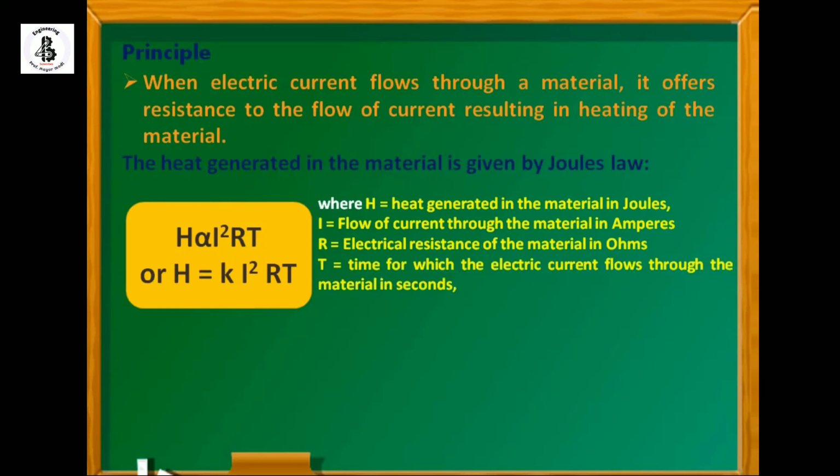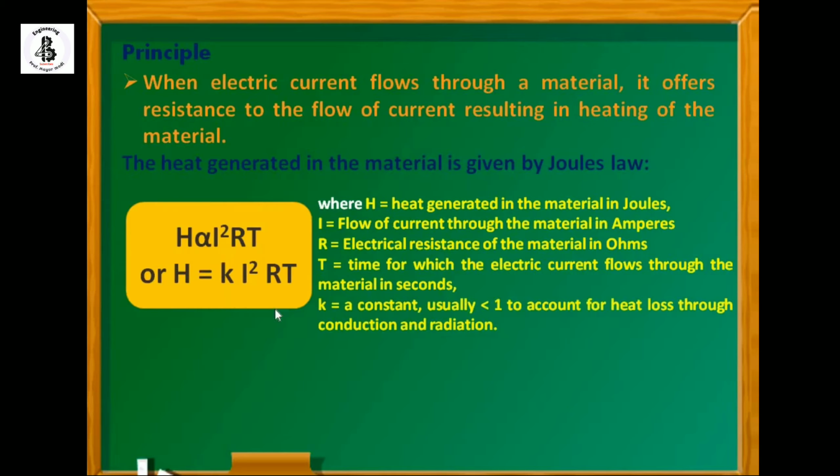That is also one of the important parameters during the welding process, the pulse on time as well as the pulse off time. And K acts as a constant, which depends upon the conductivity of the material as well as the radiation.